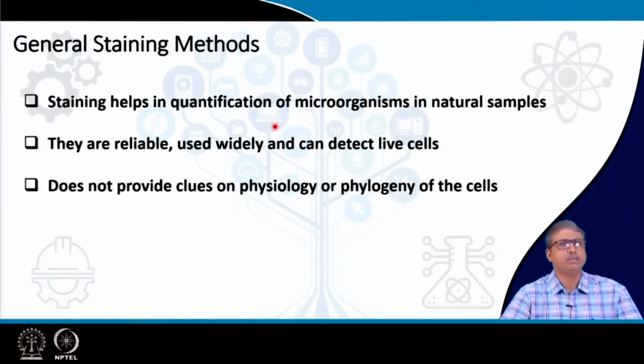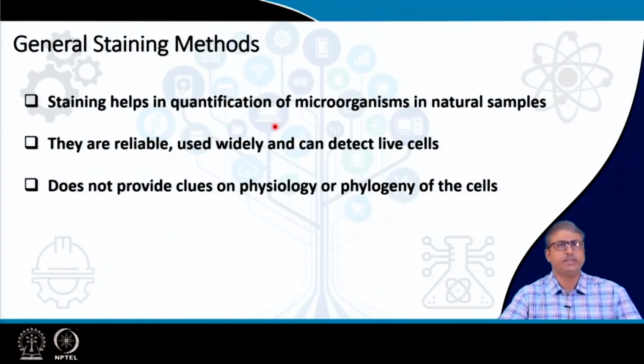Then we add different stains, the dyes or coloring agents, chemicals which give color to the cells, because from our basic microbiological knowledge, we know that microbes are in general colorless except a few cells. Particularly when we look at them through a light microscope, many of them appear colorless, and unless we put color on them, it is very difficult to have a contrast and see them properly with respect to the shape and morphology or even the number of cells.